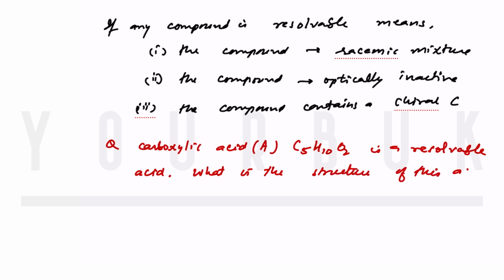Now, since this acid is resolvable, it means this acid is a racemic mixture. It's not a pure isomer, inactive, but it contains a chiral carbon. So the structure is this. Only one structure is possible. This is our carboxylic acid, which contains a chiral carbon. This is A. Now we will discuss the stereochemistry of SN1 and SN2 reactions.